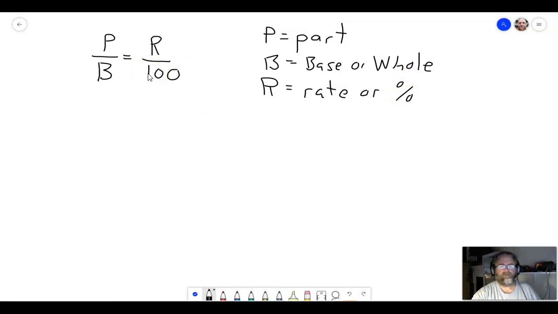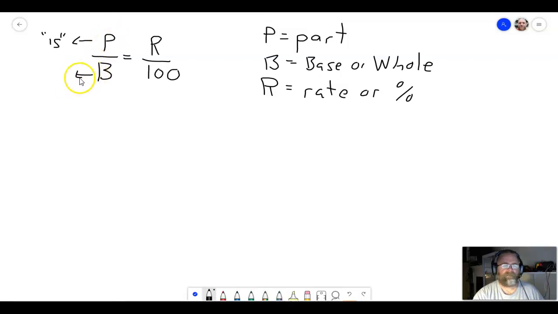So let's talk a little bit about what these mean and how we identify them. So we have the part and the whole of a fraction here, and we're going to have keywords to kind of let us know what is what. And the keyword for the part is the word is. So when we're doing these word problems, which we're going to do, we're going to look for the word is to kind of identify what the part of the fraction is.